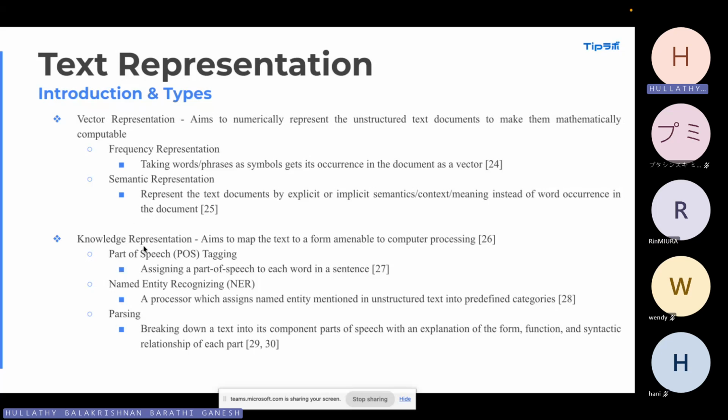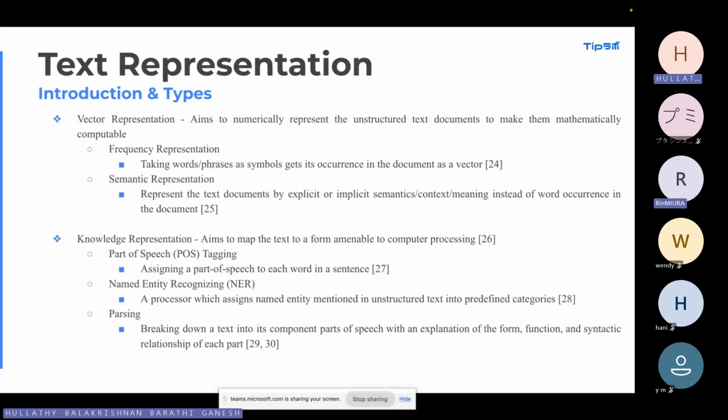Knowledge representation is a kind of graph representation, where the concepts of the text are mapped to a graph. That graph can be used for interpretation and analysis and so on.